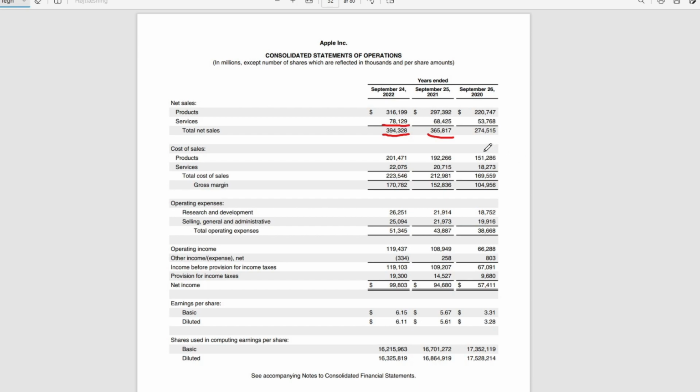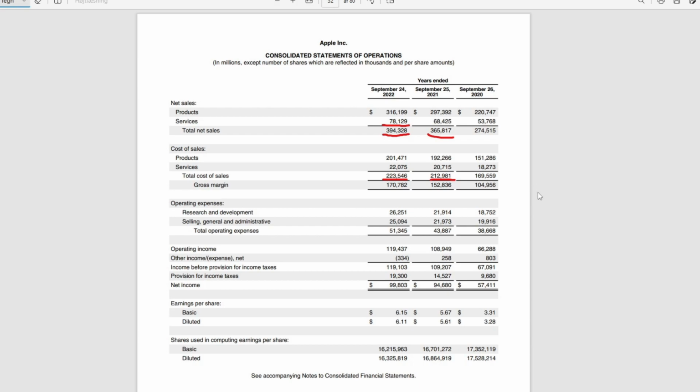Next, let's take a look at the cost of goods sold. Apple's cost of goods sold for 2022 was $223 billion, up from $213 billion in 2021. This increase is largely due to the higher cost of components for iPhones, as well as the higher content cost for the service business.